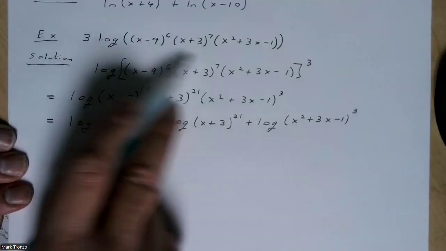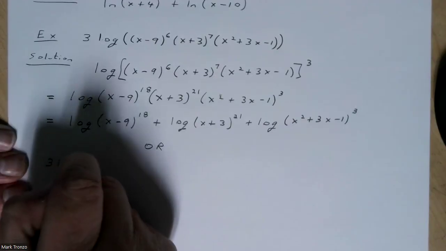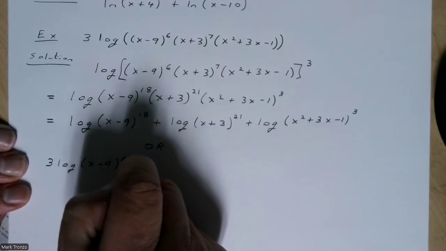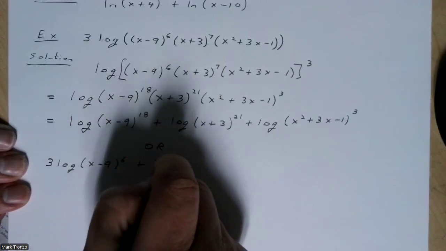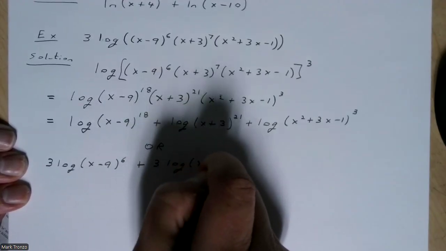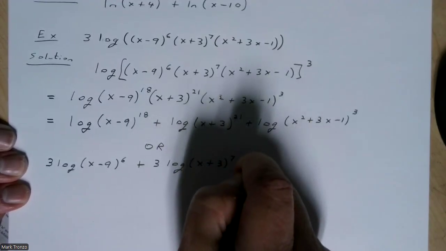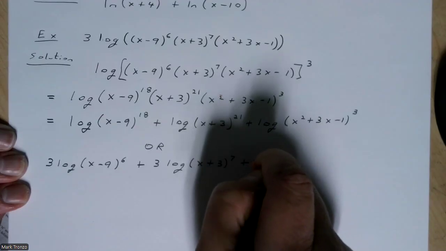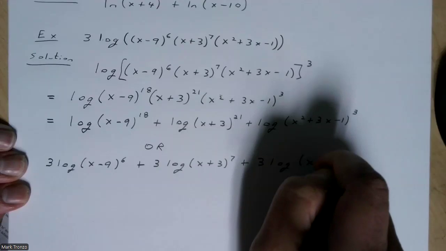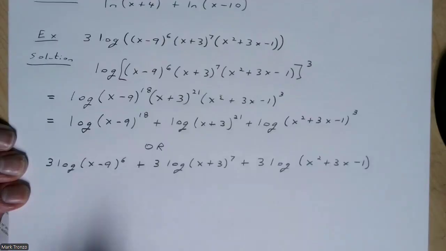For example, let's start here, and we could have written this as 3 log of x minus 9 to the 6 plus 3 log of x plus 3 to the 7th plus 3 log of x squared plus 3x minus 1, like this.